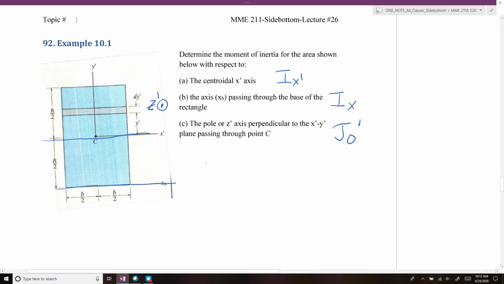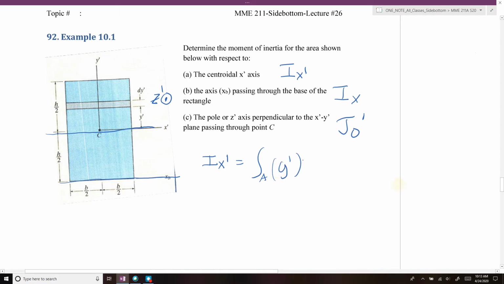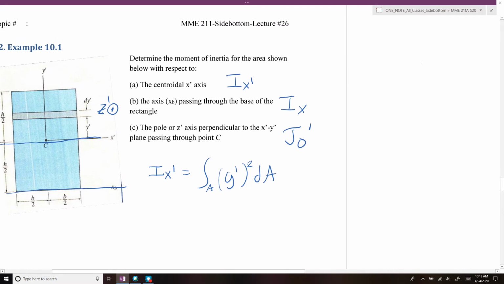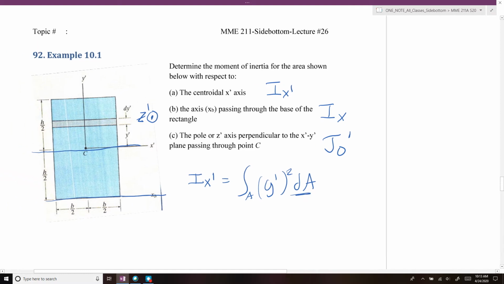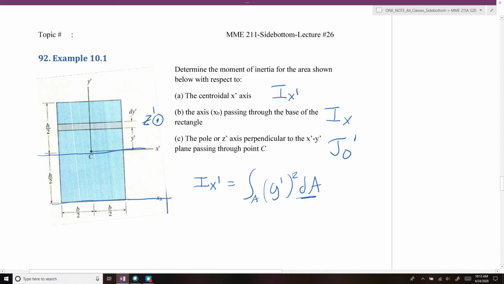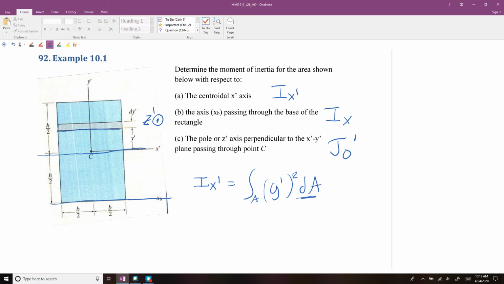So we know the equation for Ix prime is equal to the integral over our area of y prime squared dA. In order to evaluate this integral, we need to know what dA is. If we look at our area, we can draw a small rectangular differential element.